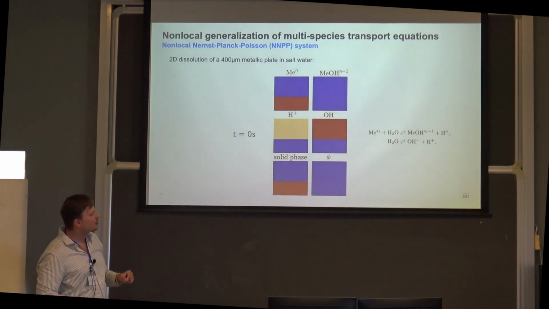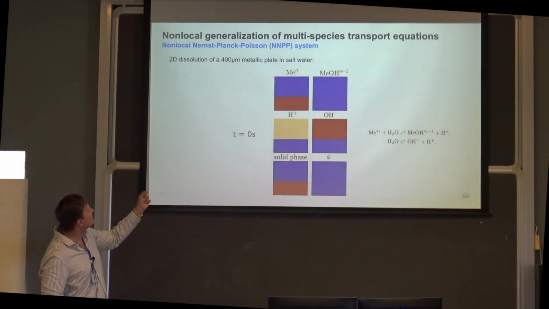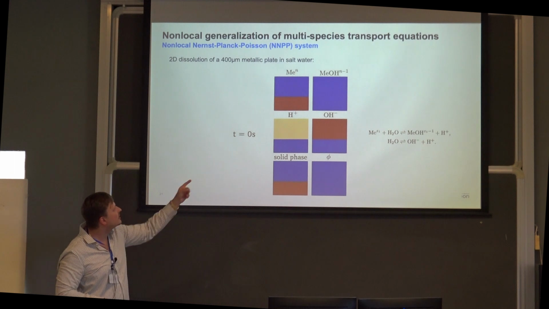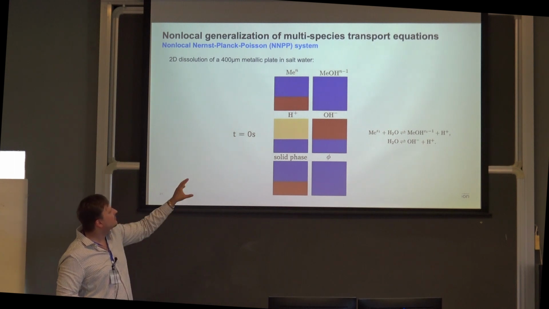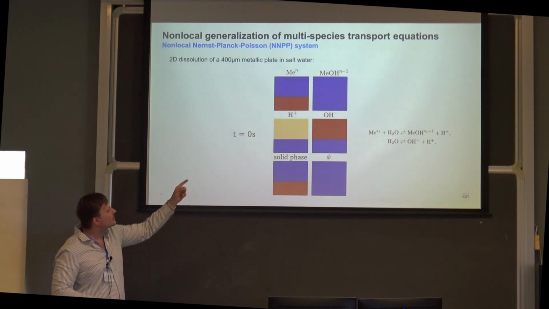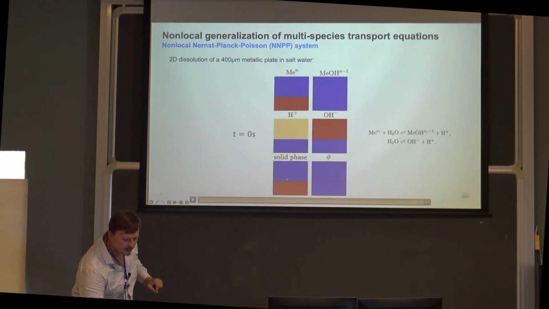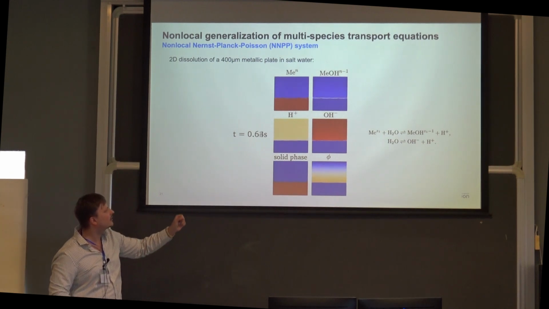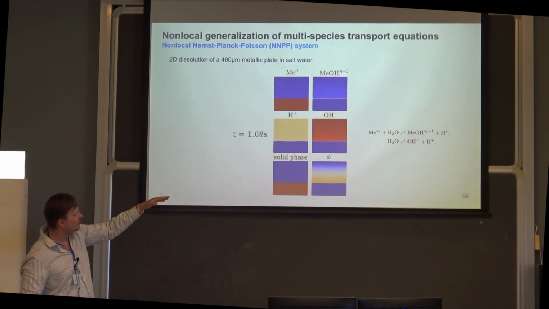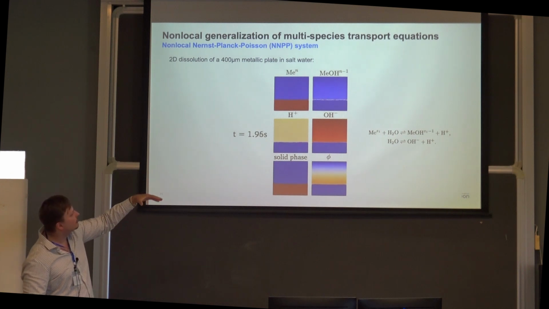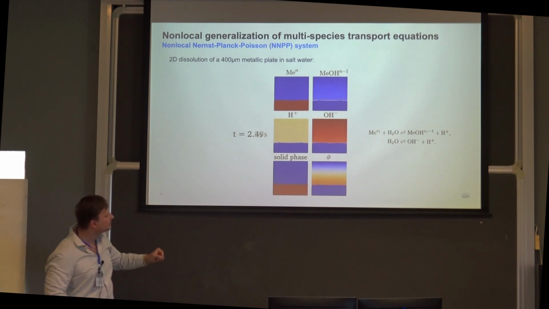keeping the electrochemical system the same, we can study the dissolution or the corrosion of a metallic plate in salt water. What you see here on top is the metallic phase in red, and above it you have salt water. As the simulation progresses, you will see on the right the formation of a corrosion layer, the hydroxide layer forming on top of the metallic phase, also moving along with the corrosion front.